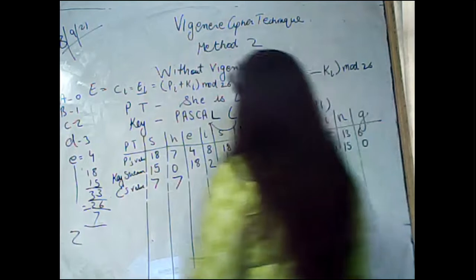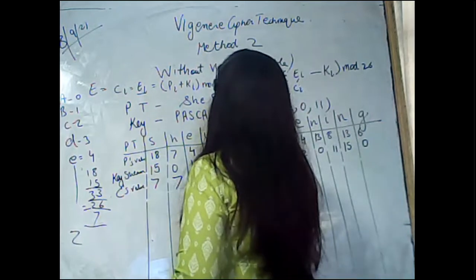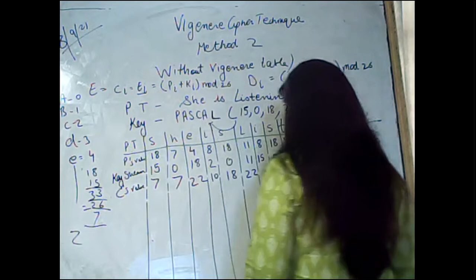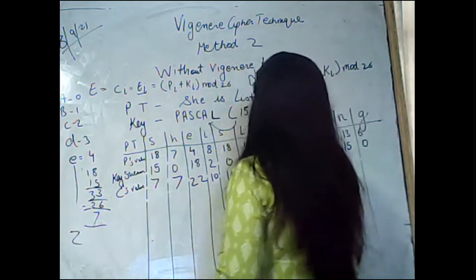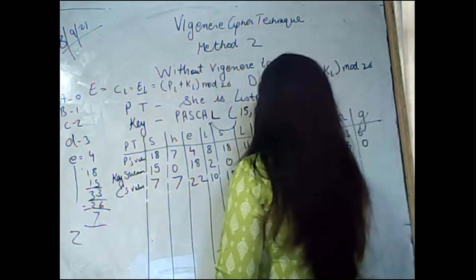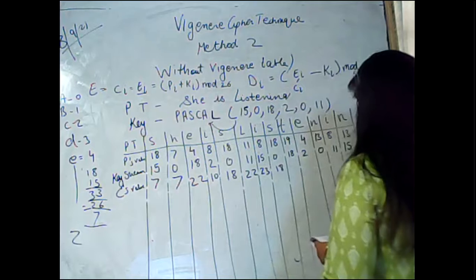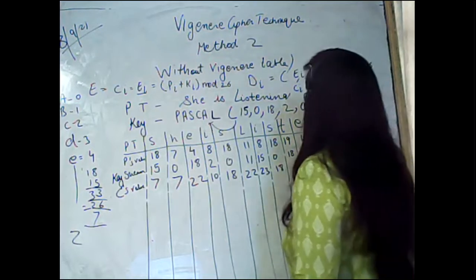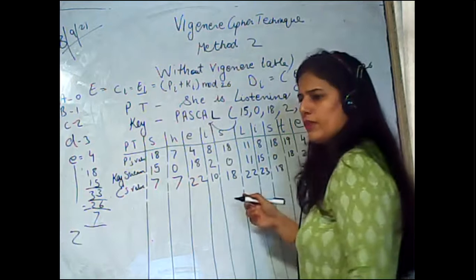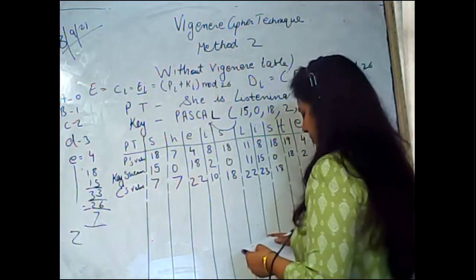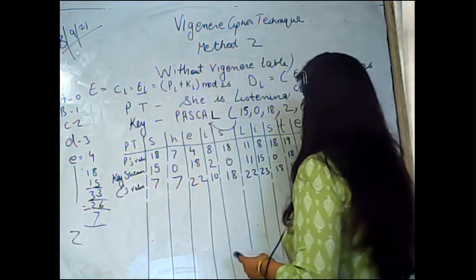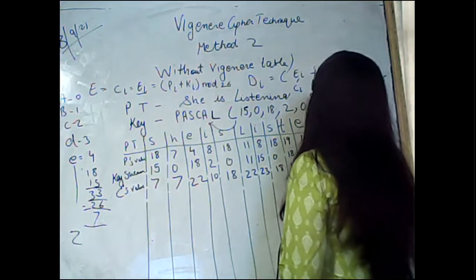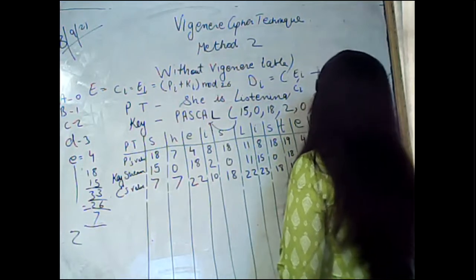So 4 plus 18, that is 22. Again, this is 10, this is 18, this is 22. 15 plus 8, that is 23. 18 is there. Then we have 19 plus 18, which obviously exceeds 26, so we subtract 26 and get 11. Then we have 6, 13 and 19.